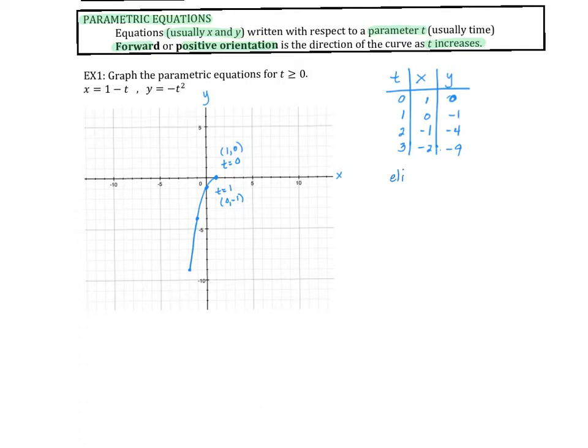So let's say I wanted to eliminate the parameter t. Well, when I look at my parametric equation, I can see that it would be really easy for me to get the t by itself in the equation x equal to 1 minus t. If I solve for t, then I get t equal to 1 minus x. And then I can simply substitute that t value into the equation with y to get y equal to negative, in parentheses, 1 minus x squared.